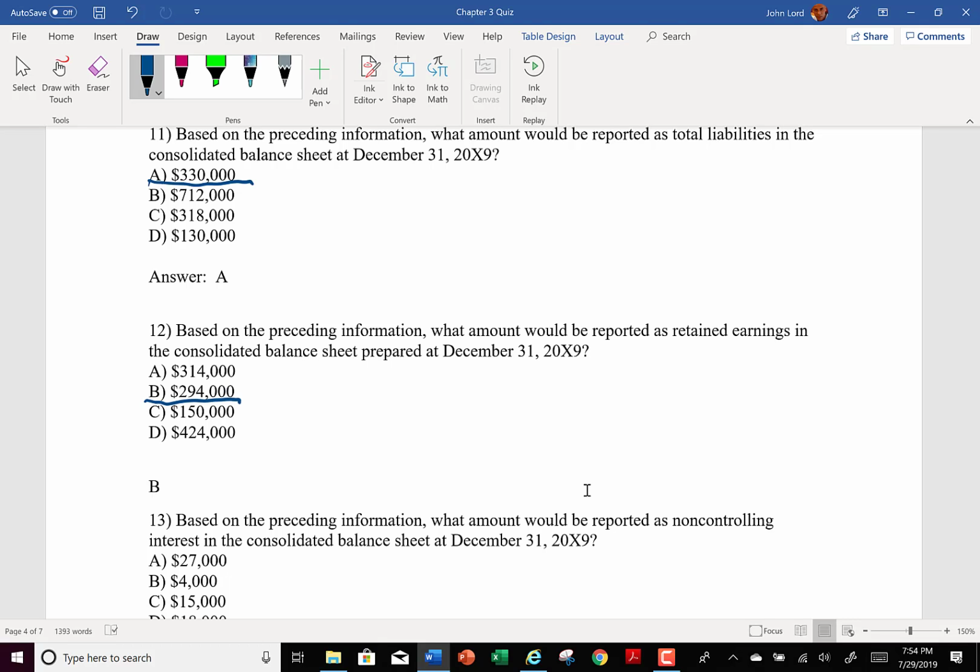So I could give you a question which I might say, well, the ending balance is 294. What's the beginning balance? Or what would be the debit to retained earnings in the consolidating entry? The answer is going to be the beginning balance, and you can work your way back up this thing.